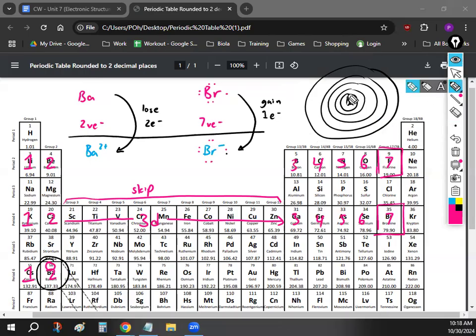So what happens is Ba2 plus, the new valence shell was its old 5th shell. So this one becomes the new valence shell. And if you look at the 5th shell, there are 1, 2, 3, 4, 5, 6, 7, 8. And so Ba2 plus will have 8 valence electrons.